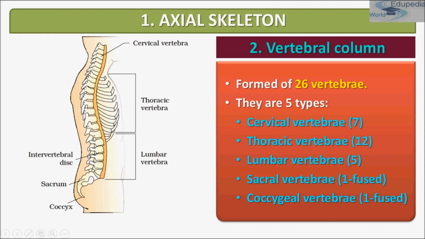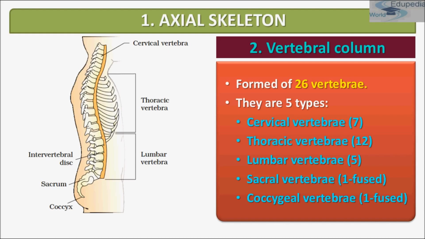It extends from the base of the skull. See, this is the base of the skull. It extends from there and constitutes the main framework of the trunk. Each vertebra has a central hollow portion, which we call the neural canal, through which the spinal cord passes.